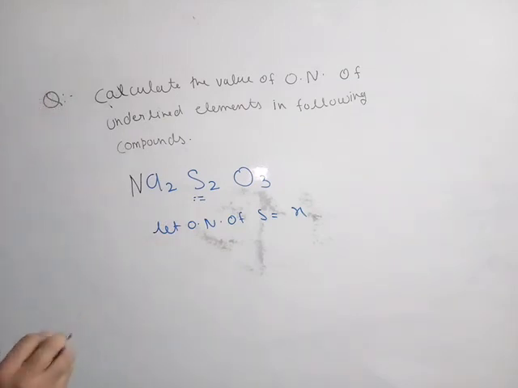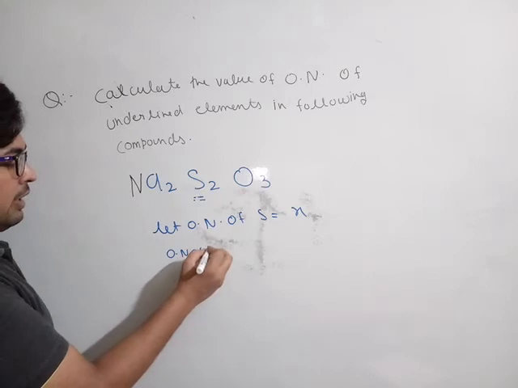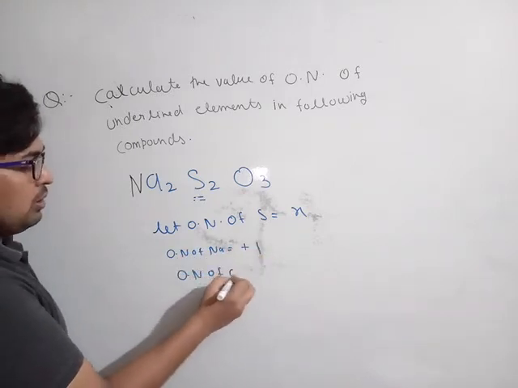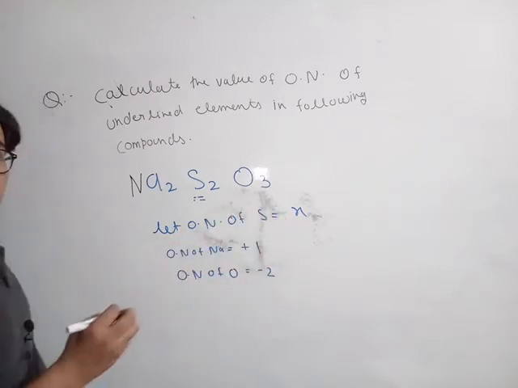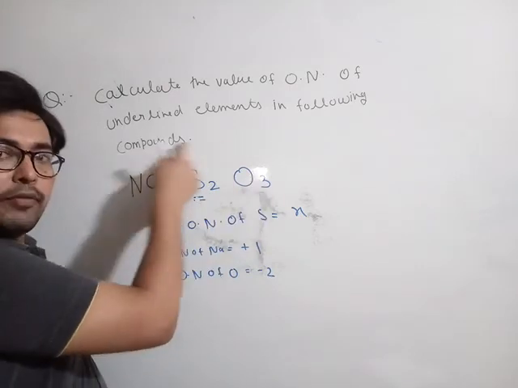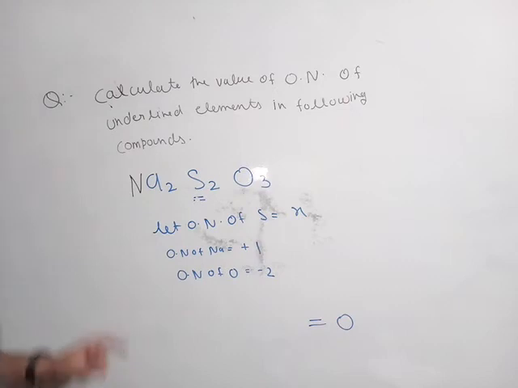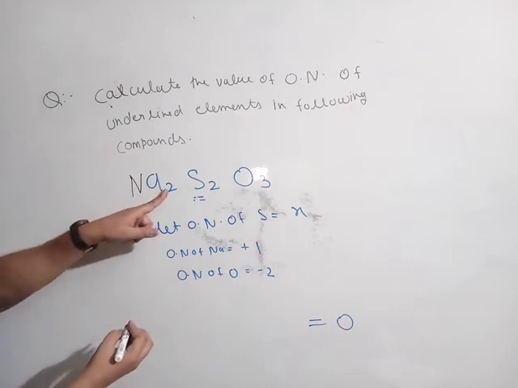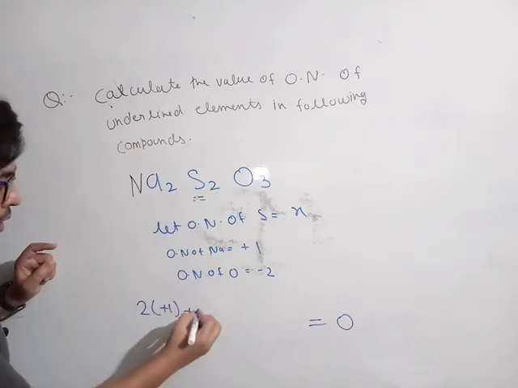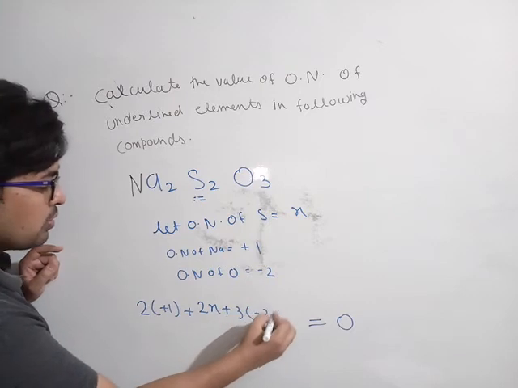We have assumed that, and we know the oxidation number of Na is +1. The oxidation number of O is -2, and here we have x. We'll apply the first formula. We don't see any charge, so the sum will be equal to 0. The rule: we have 2 Na, so 2 into +1, plus 2 times sulfur, 2 into x, plus 3 into -2 is equal to 0.